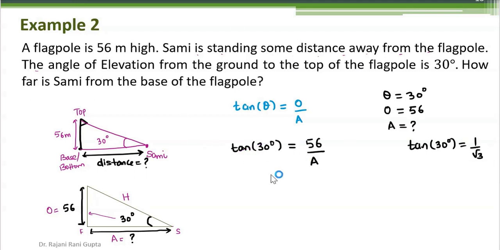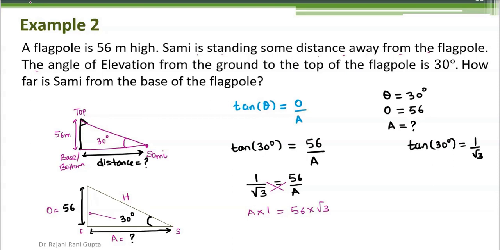Let's return to the question. We got the value of tan of 30 as 1 over root 3. So let's write it here: 1 over root 3 equals 56 over A. Now you need to find A. What you can do in this case is cross multiply. When you cross multiply, A gets multiplied with 1 and 56 gets multiplied by root 3.